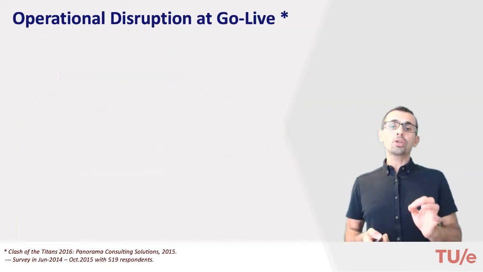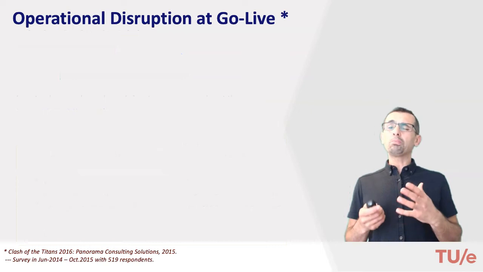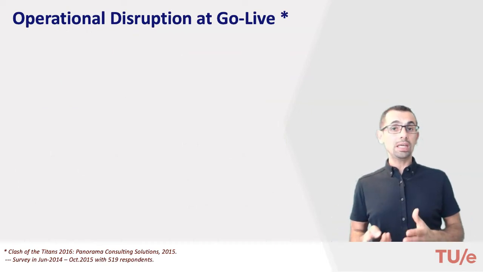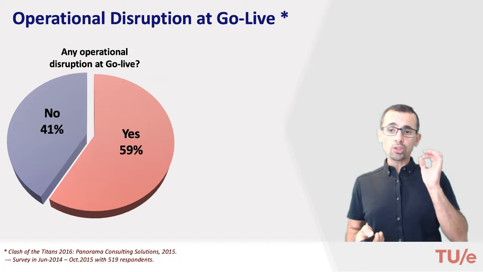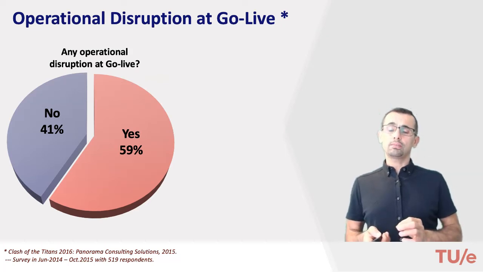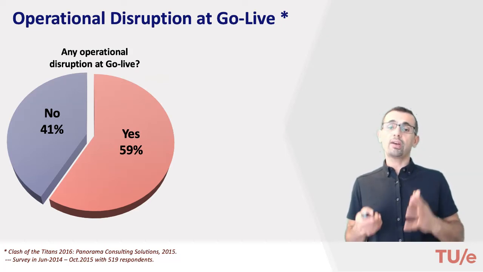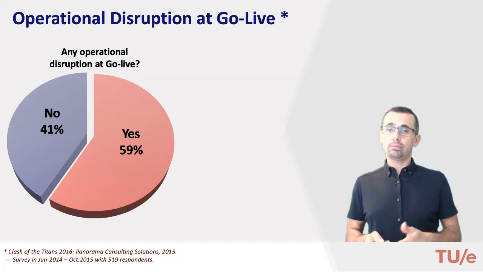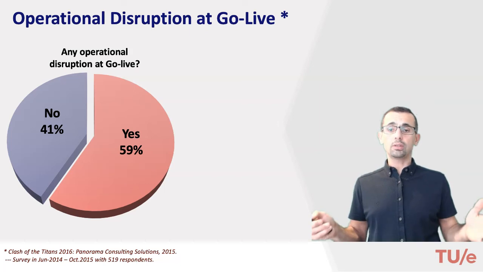I just wanted to show you a chart that shows how important the careful planning and execution of the transition is. Almost 60% of the projects, that is 3 out of 5, have experienced operational disruptions during go live, I mean during the transition period.